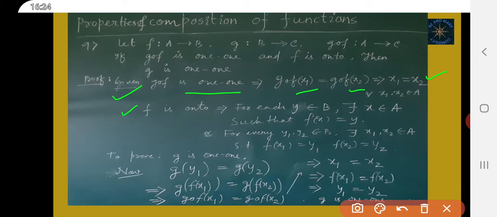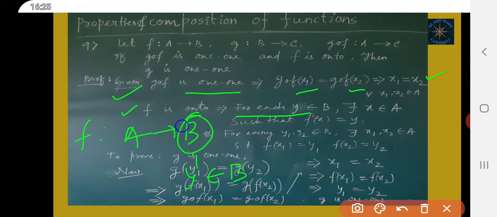It means f is mapping from A to B, so for each element of B, let y belongs to B, there exists x in set A such that f of x equal to y.